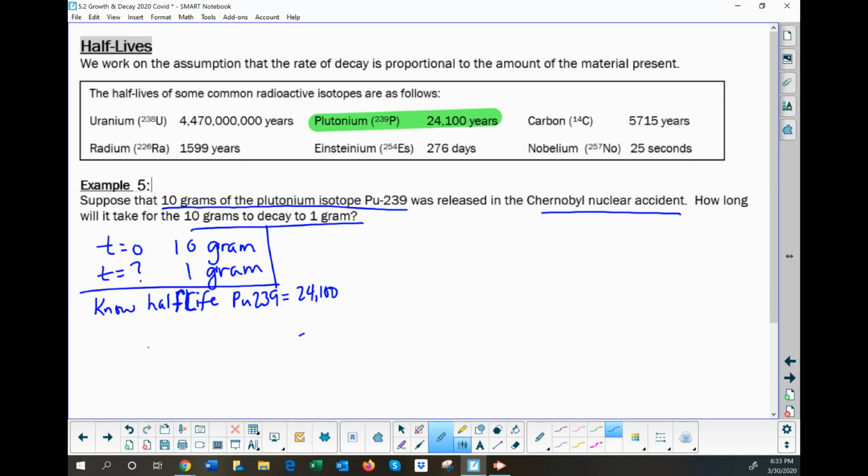So in other words, if I start with 2 grams, I'm down to 1 gram in e to the 24,100 k time. Because we know this is a growth decay model, y equals c e to the kt. So I plugged in those things that I know. Divide by 2 and I'm at 1/2 equals e to the 24,100 k.